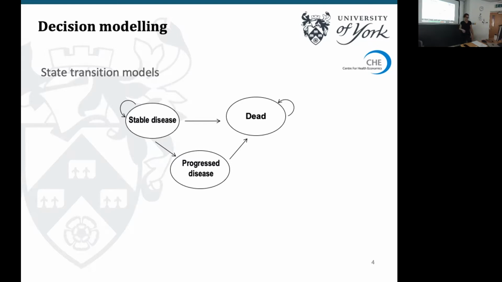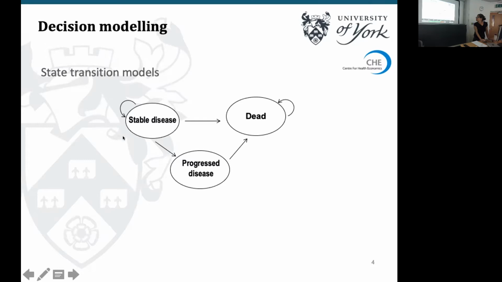But decision modeling typically includes some evidence on disease progression. So in this case, a very simple model where treatment might be given at stable disease, patients might progress over time and die at some point in their pathway. So we model disease progression in this way.